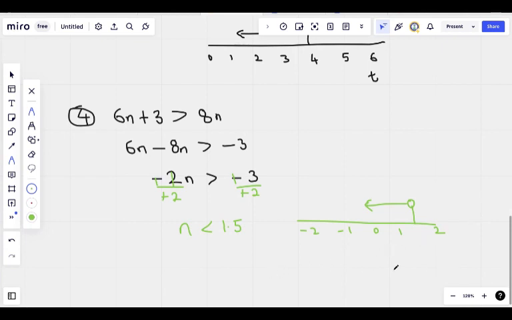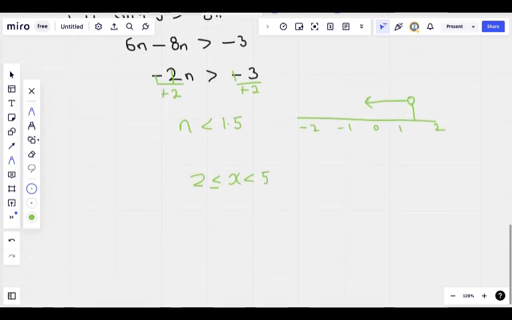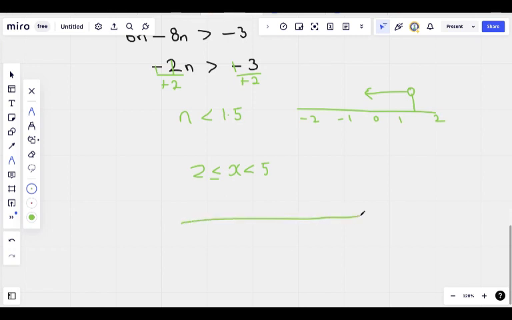Okay, if we have inequalities like this, let's say x is less than 5, and is greater than or equal to 2. If we have a solution like this, which we're going to do a lot of problems like this as well, then your number line will be, let's say you have 0, you have 1 here, you have 2, 3, 4, 5, and then you have 6.